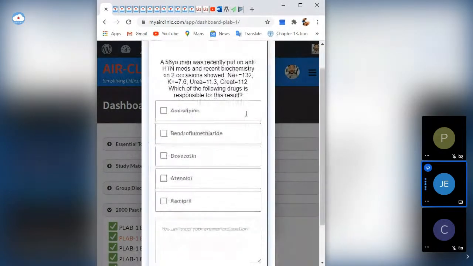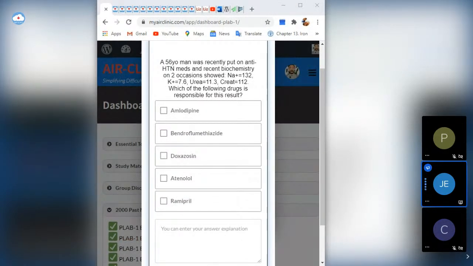So what do you think will cause hyponatremia, hyperkalemia, and raised urea? Is it amlodipine, a calcium channel blocker; bendroflumethiazide, which is a thiazide diuretic; doxazosin, which is an alpha blocker; atenolol, which is a beta blocker; or ramipril, which is an ACE inhibitor?